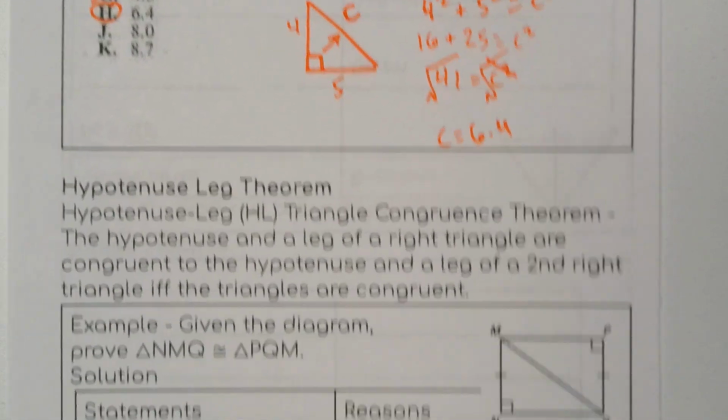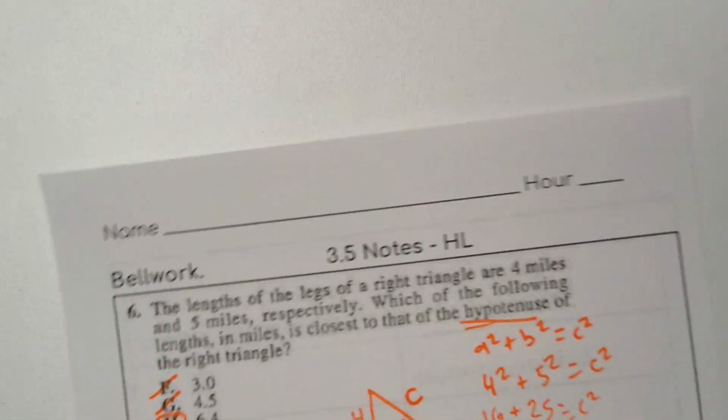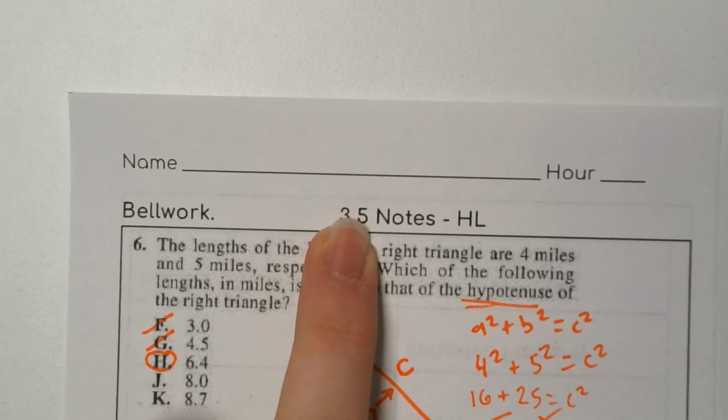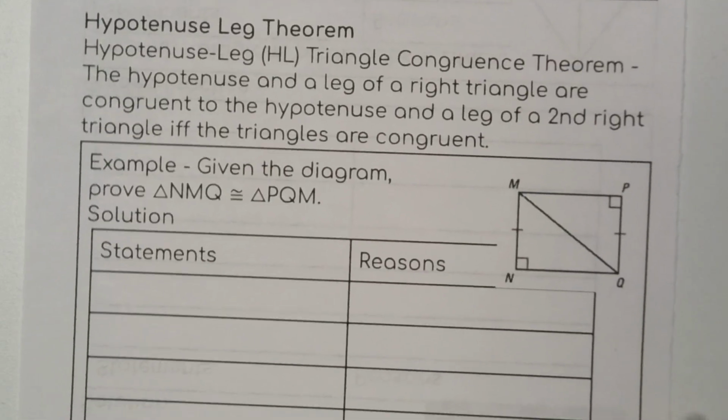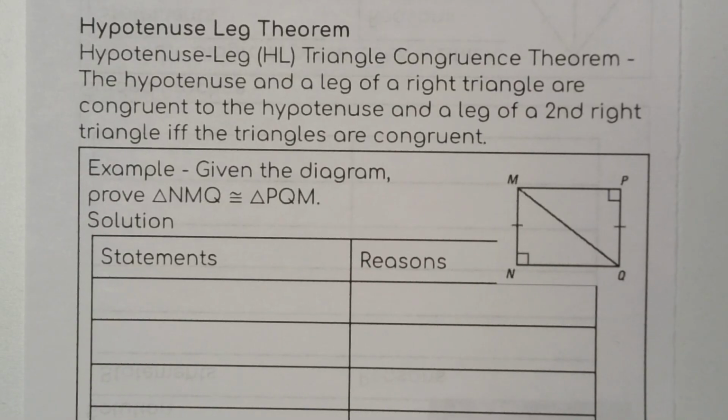Okay, so continuing on with today's lesson, we are on 3.5. We skipped 3.4 because it's a longer lesson than 3.5, and today's a shorter class period, so the shorter lesson is coming on the shorter class period. So, hypotenuse leg theorem.